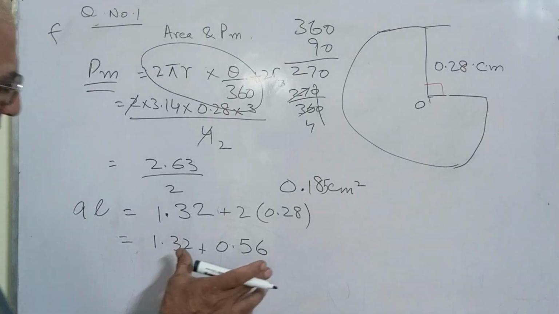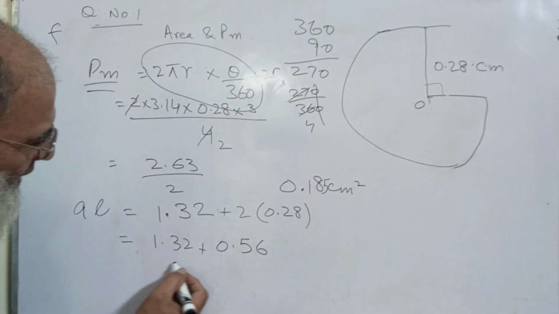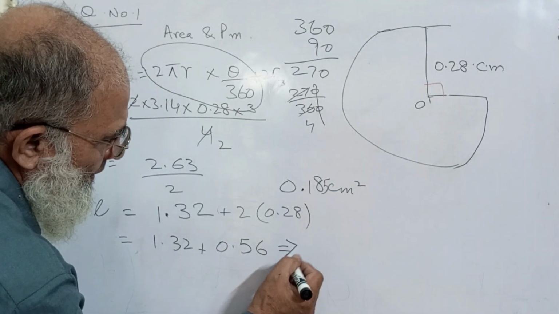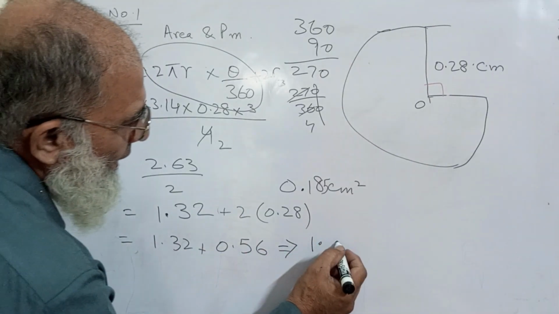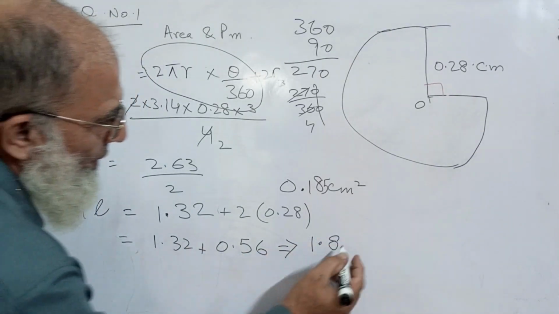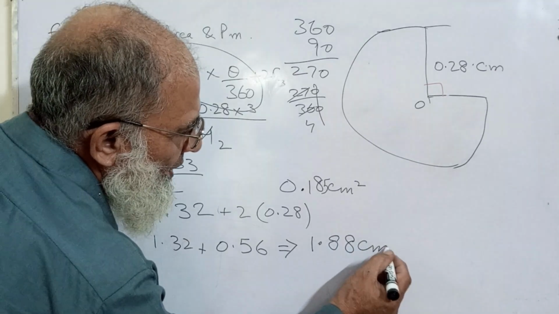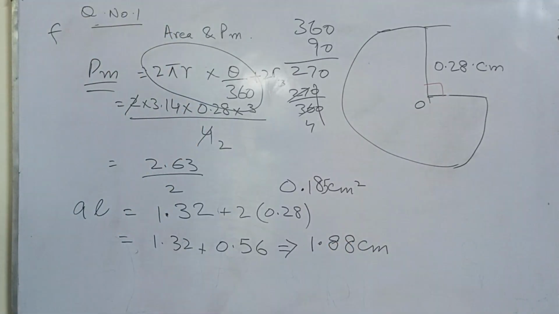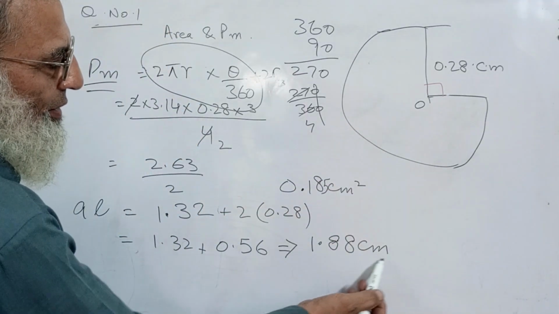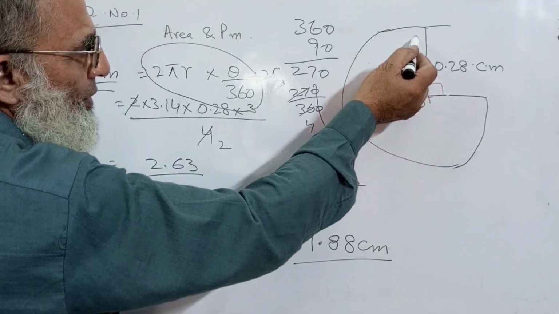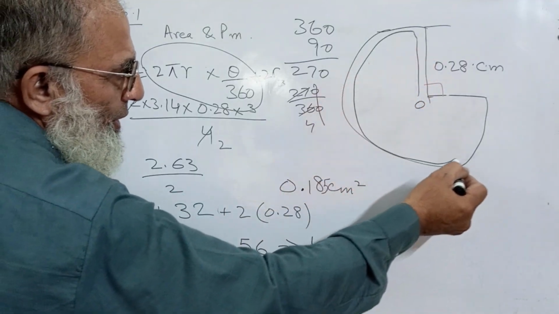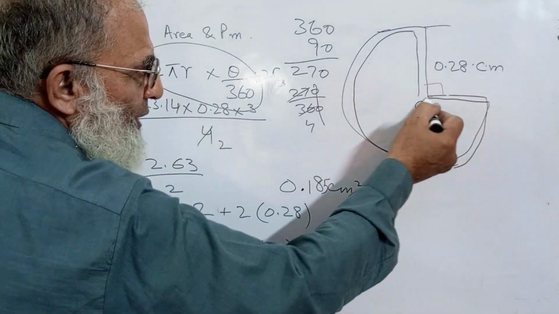So 1.32 plus 0.56, and by adding both we get 1.88 centimeter. This 1.88 measures from O to here, from here to here, and back to O.